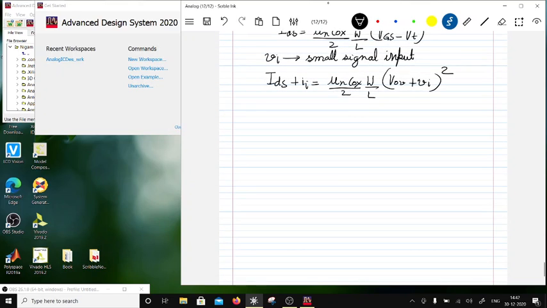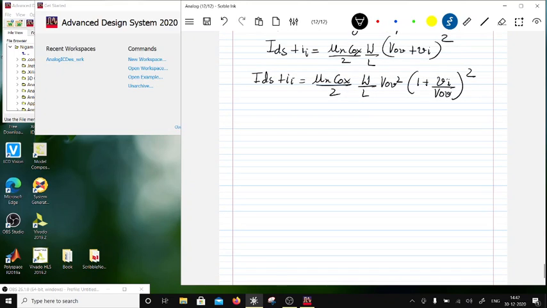Okay, now what I'll do is IDS plus Ii is equal to, I will take V overdrive common, so mu n COX by 2 W by L V overdrive square times (1 plus Vi divided by V overdrive) whole square.